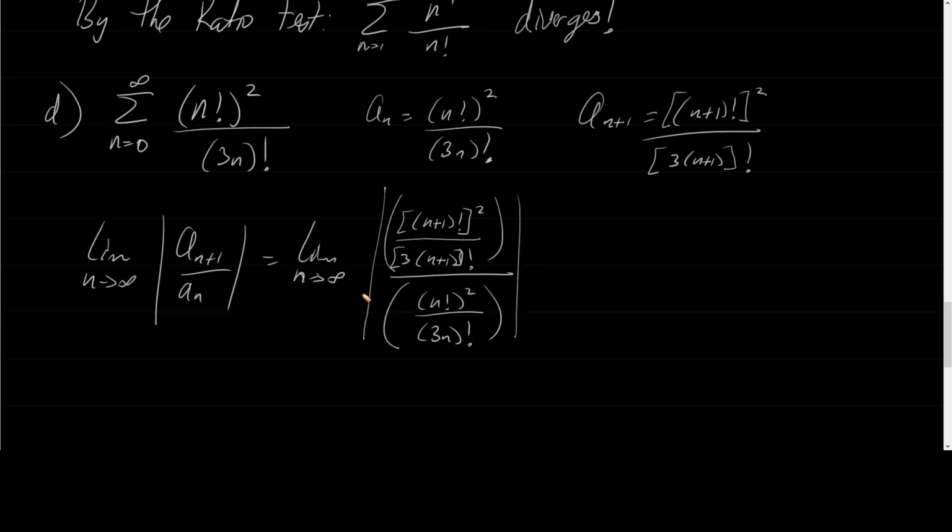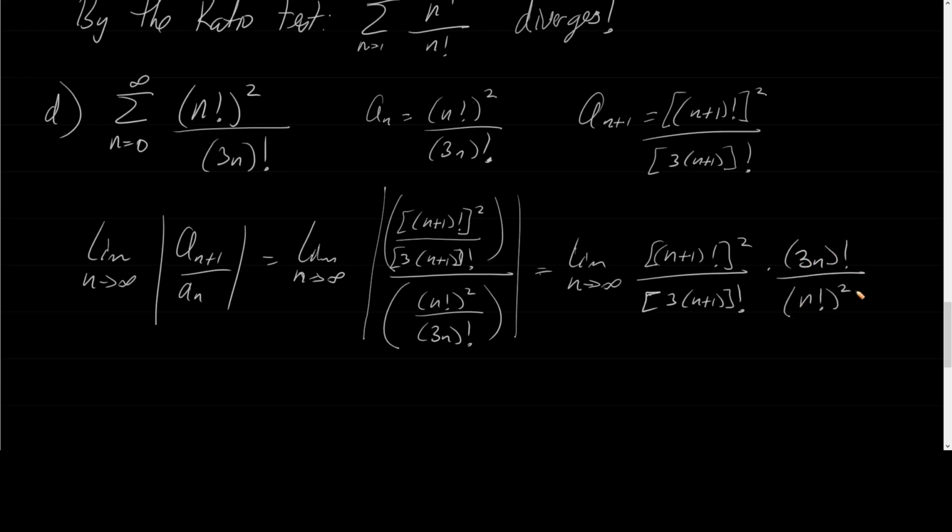All right, I'm going to get rid of the absolute values here because everything here is positive, and I have a fraction divided by another fraction, so we know that means multiplied by the reciprocal. So what we have here is n plus 1 factorial squared over 3 times n plus 1 factorial times the reciprocal of the bottom, 3n factorial over n factorial squared. All right, cool.